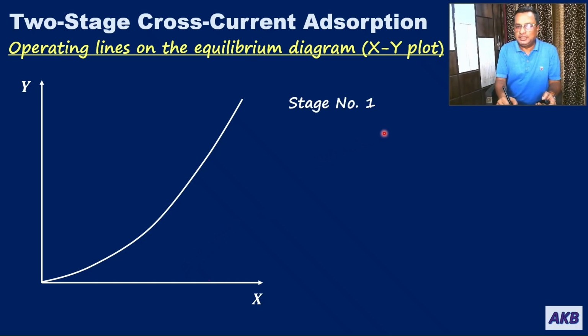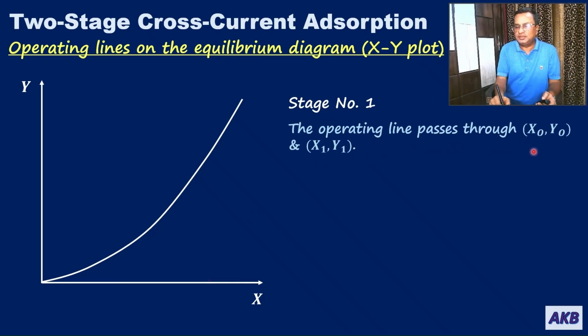For stage number 1, the operating line passes through 2 points. Which are these 2 points? You have X0, Y0 and X1, Y1. We need to know these 2 points in order to plot the operating line for stage number 1. First, the operating line is going to start at a point which has coordinates of X0 and Y0.